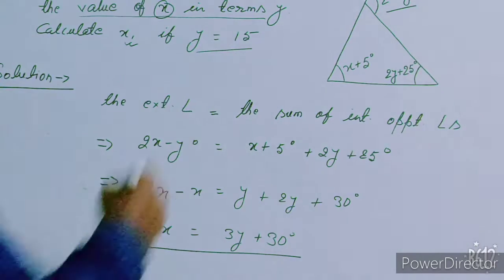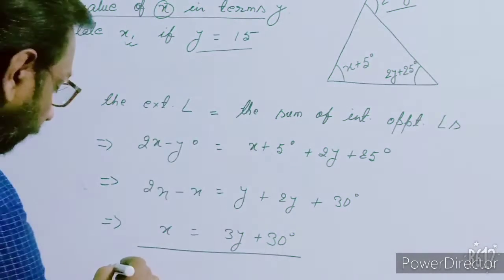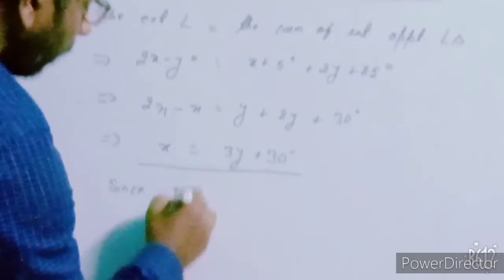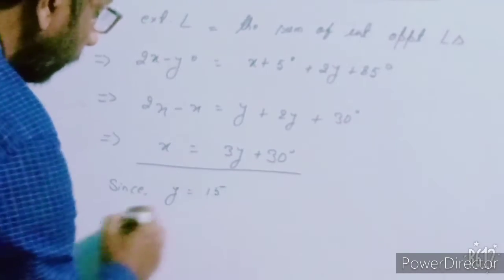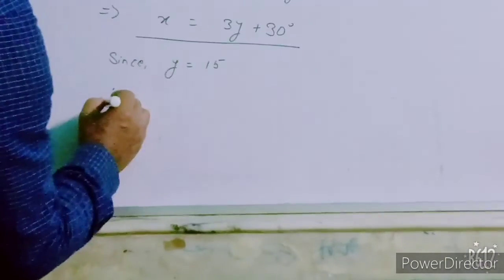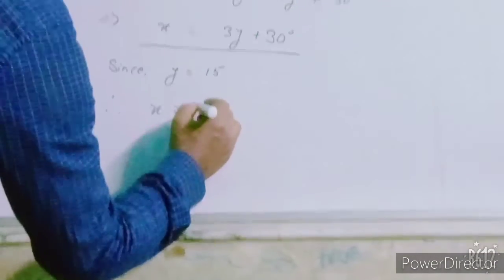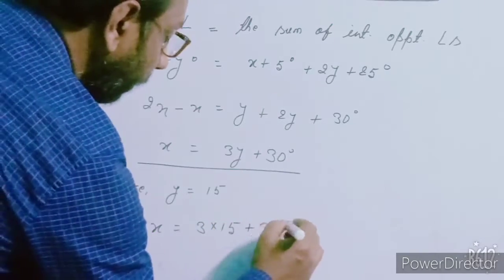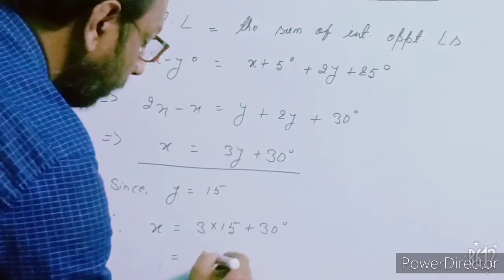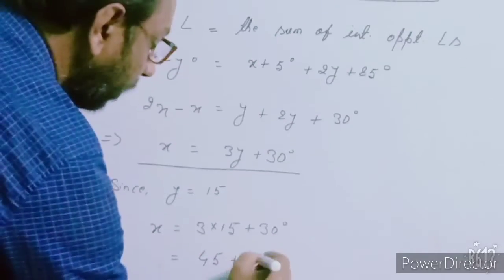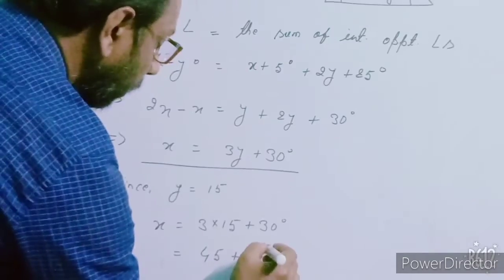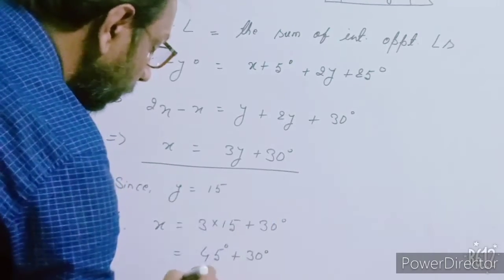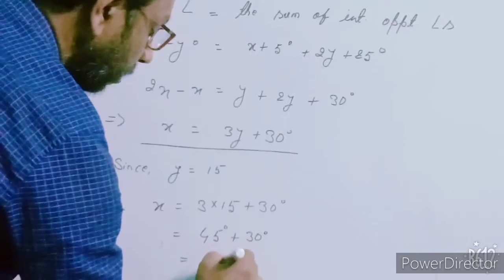Now, if y equal to 15, therefore x equal to 3 into 15 plus 30 degree, 45 plus 30, 45 degree plus 30 degree is equal to 75 degree.